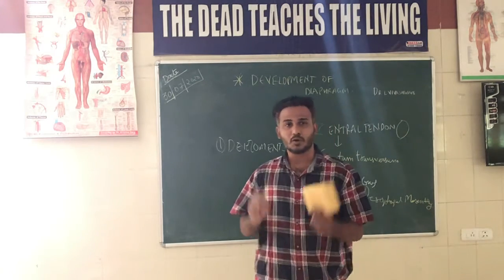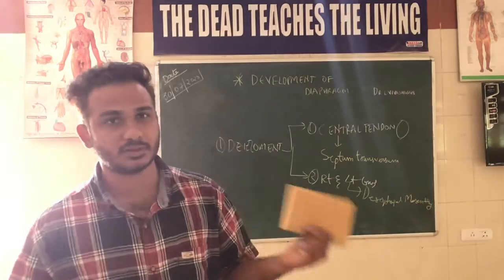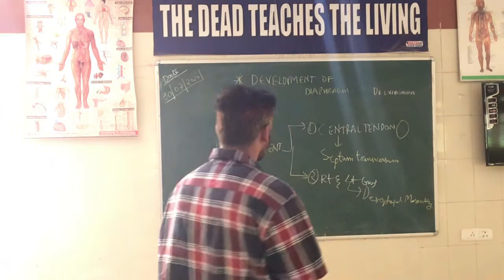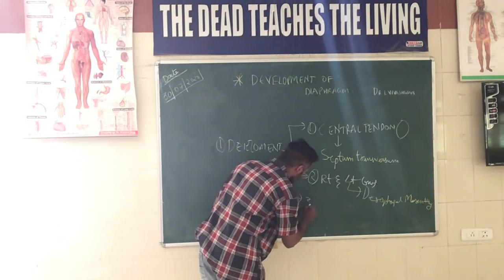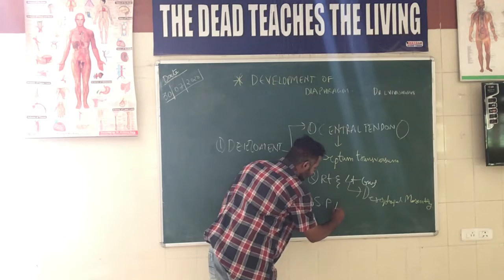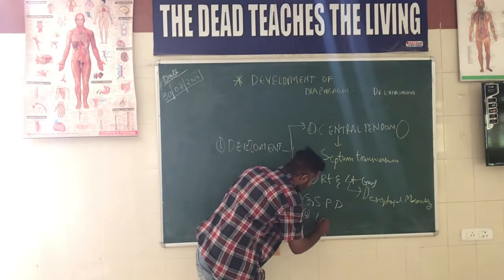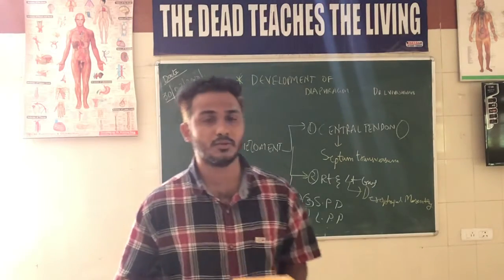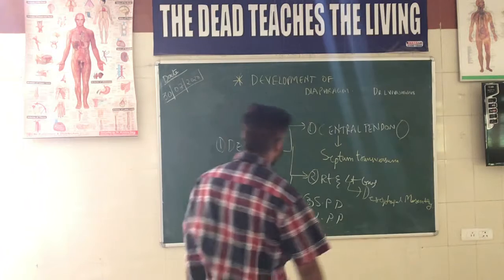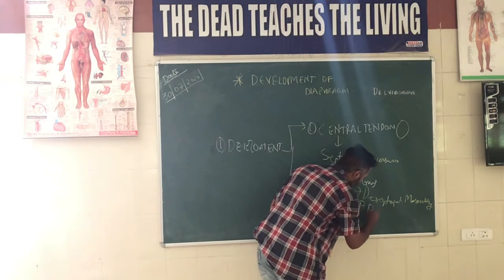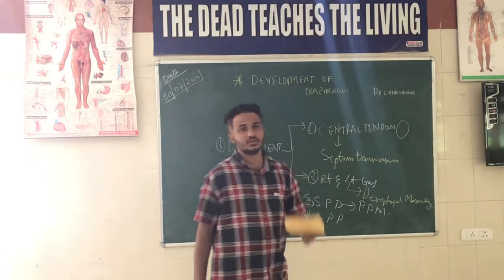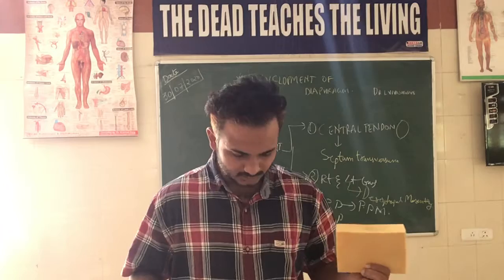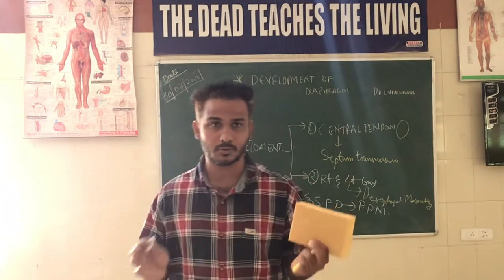Apart from these, we have two other parts of the diaphragm: the small peripheral portion and the large peripheral portion. The small peripheral portion is developed from the pleuroperitoneal membranes, which are bilateral, on either side.